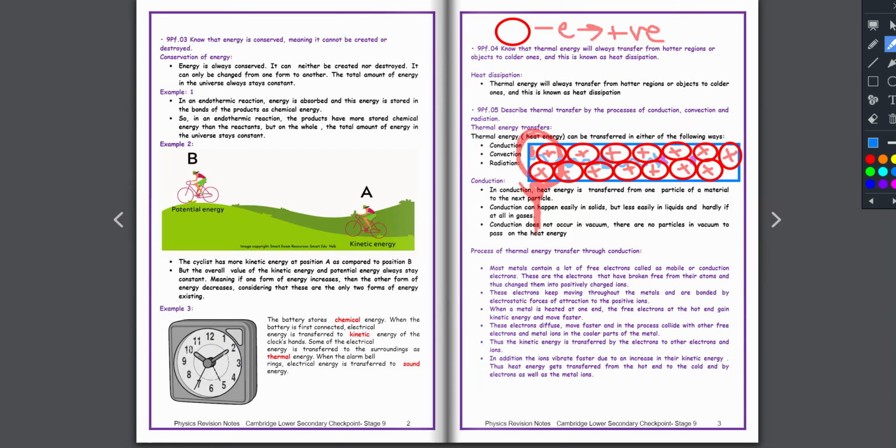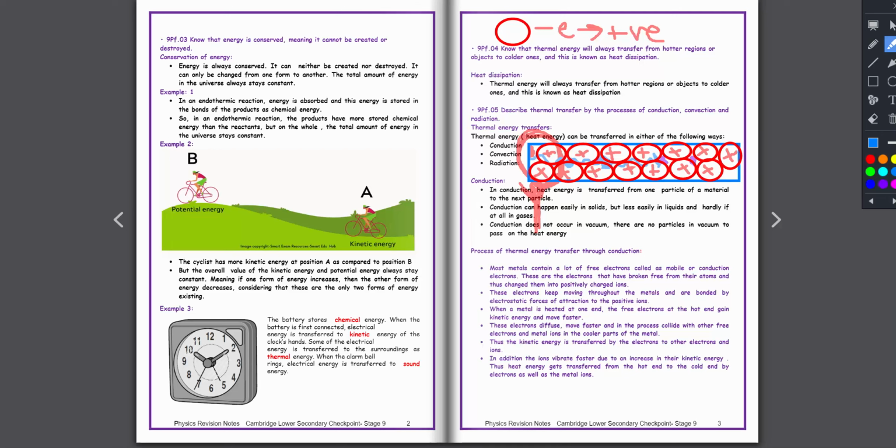So one electron, while it is moving from the hotter end to the cooler end, is going to collide with other electrons and it is going to transfer some of its energy to them. So all other electrons are doing the same thing.